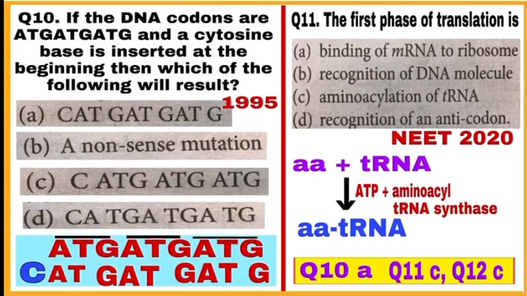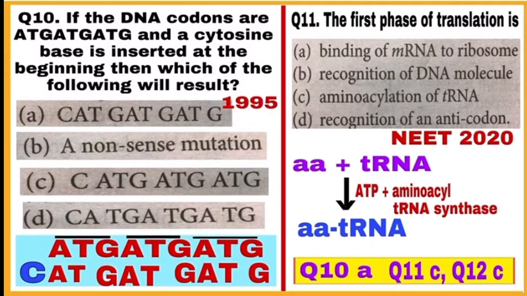Question 11. The first phase of translation is, see the solution. First phase of translation is activation of amino acid in the presence of ATP and linkage with its particular transfer RNA. This process is called amino acylation of transfer RNA or charging of transfer RNA.